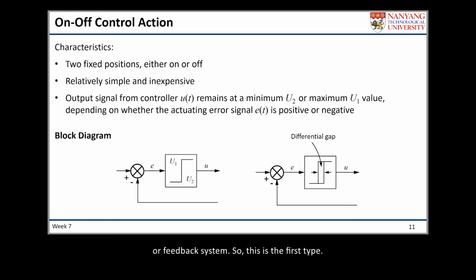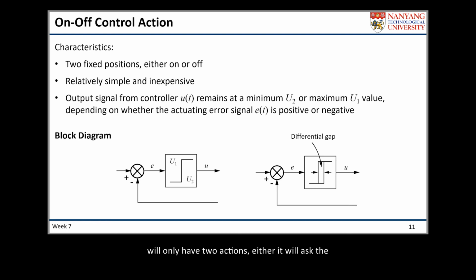So this is the first type, the simplest controller. It's the on-off controller. Actually, we have already discussed this kind of controller many times, the controller that we discussed when we were talking about the air conditioning system. So the on-off controller has only two fixed outputs, on or off. What do I mean by that? Okay, let's take an example of this air conditioning system again.